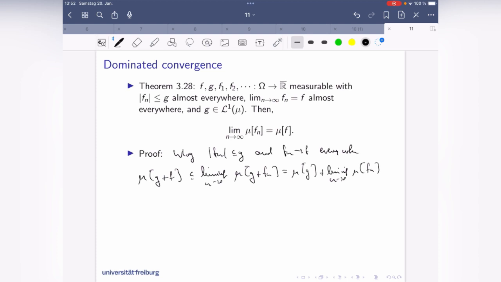And in the same manner, I can write down mu of g minus f. So that's again a limit, g minus f, smaller or equal than lim inf mu of g minus fn, n goes to infinity, which is then mu of g minus lim sup mu of fn.